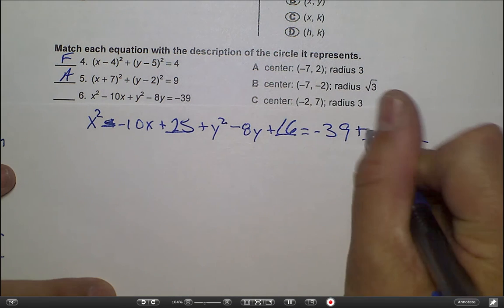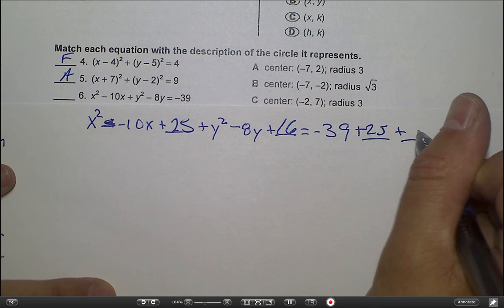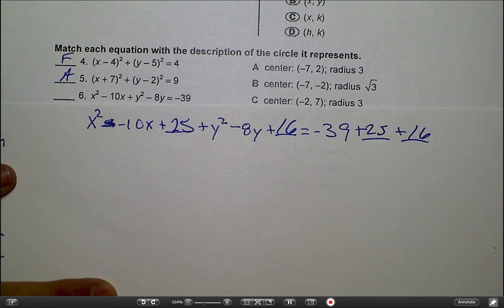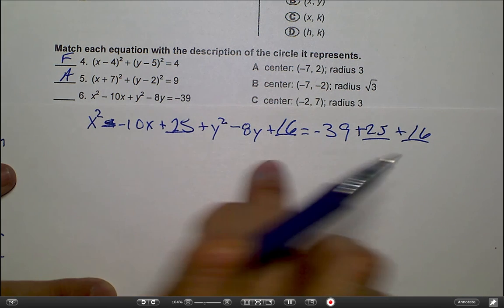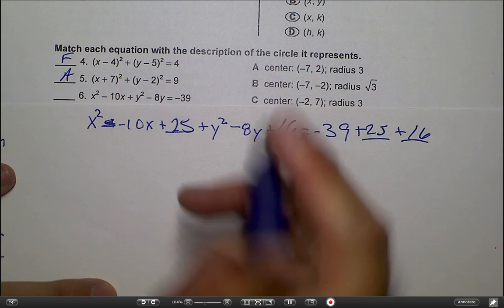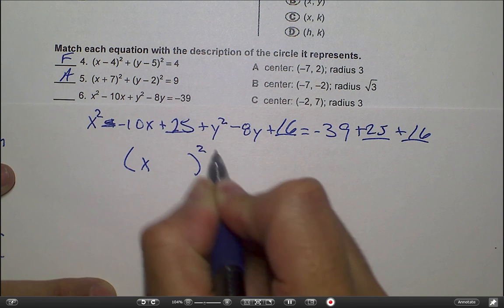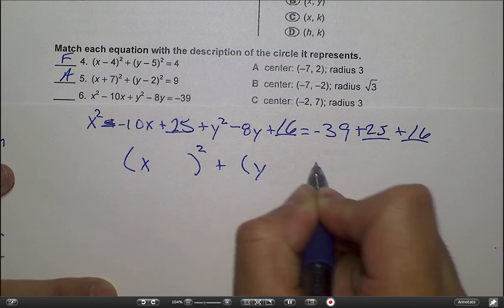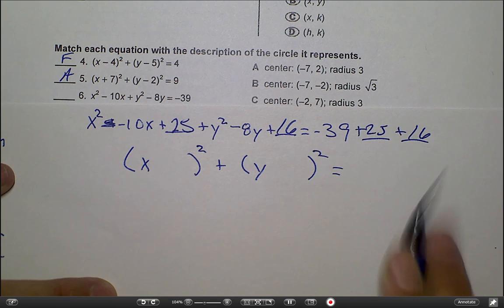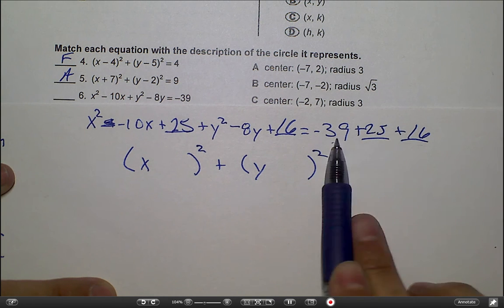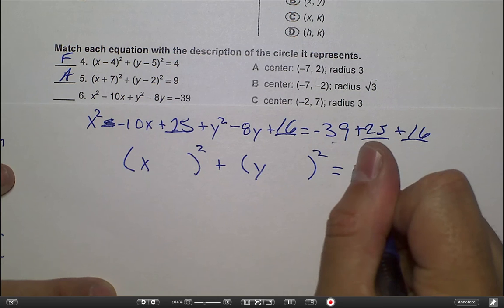So I'm adding 25 here, and I'm adding 16 here. Now let's write out my completed squares. It's going to be x something squared plus y something squared equals, now I add all this together and I get 2.